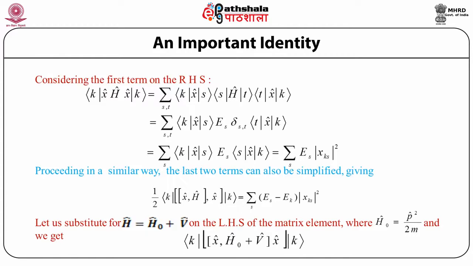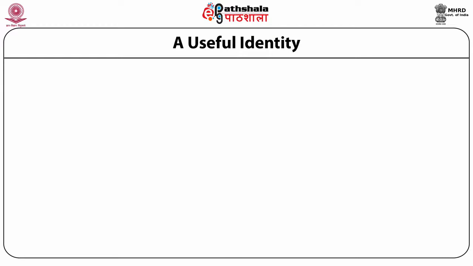Now if we substitute for the Hamiltonian operator h with operator h naught plus operator v on the left hand side of the matrix element, where we define operator h naught is equal to operator p square by 2m, then we get bra vector k within brackets commutator of operator x and operator h plus operator v with operator x, ket vector k, a useful identity.